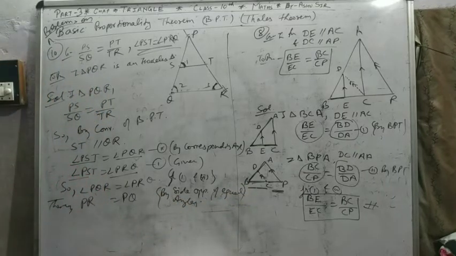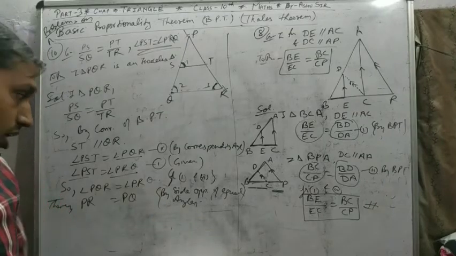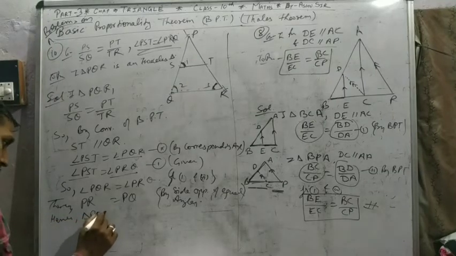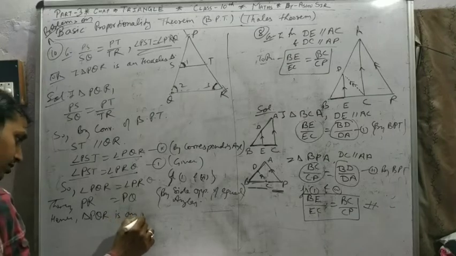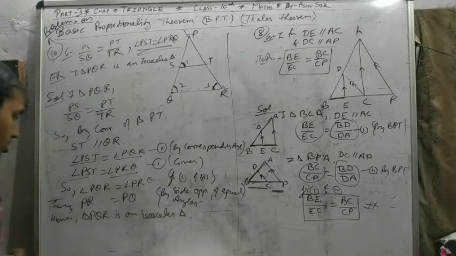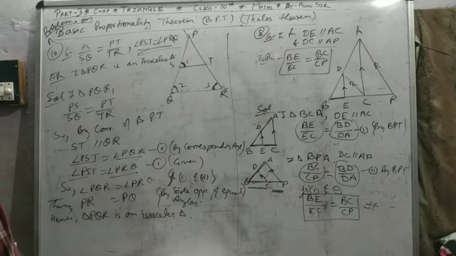If two angles are equal, its opposite sides are also equal in the same triangle. So two sides equal, hence triangle PQR is an isosceles triangle.